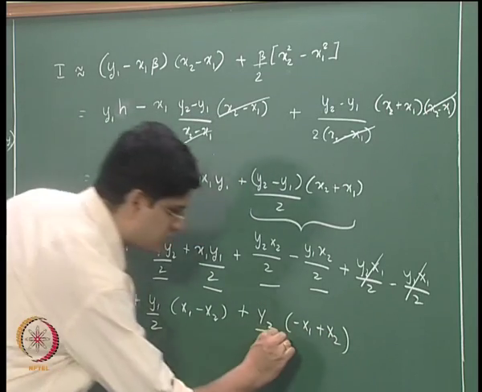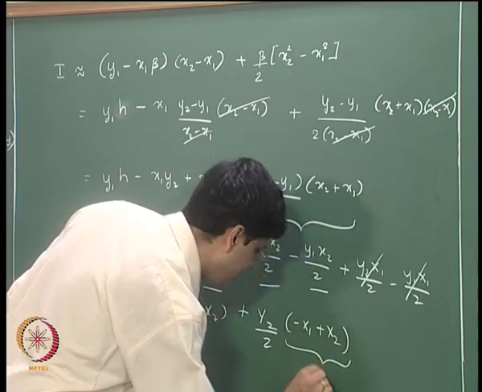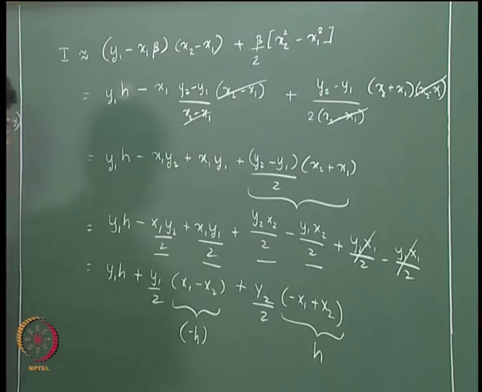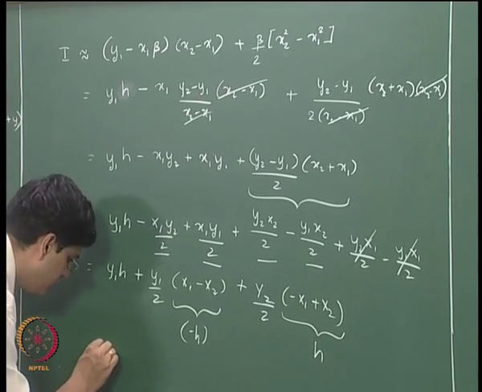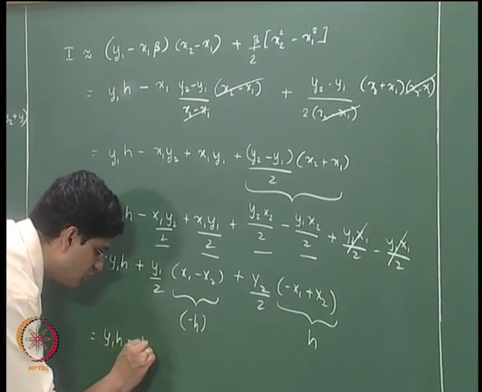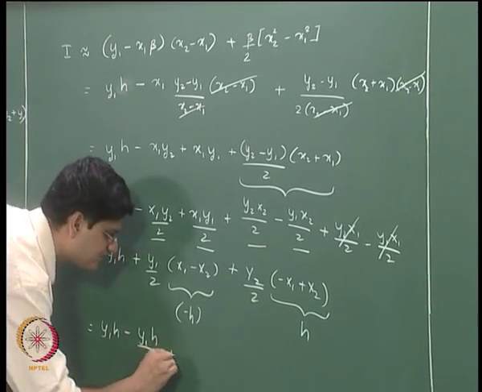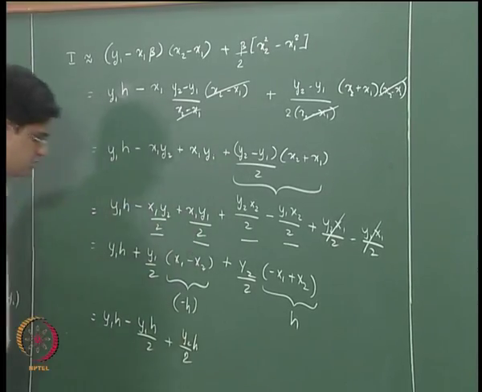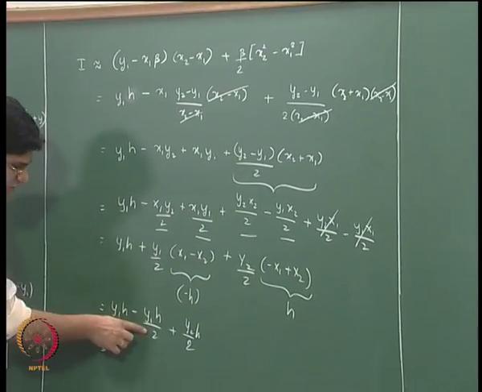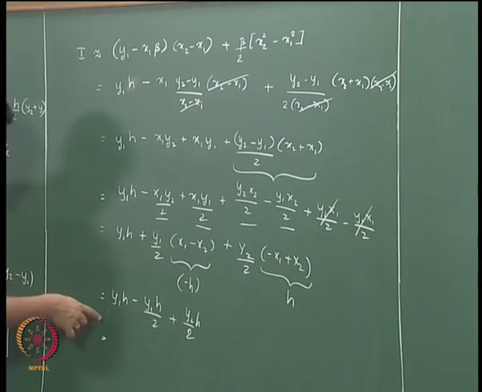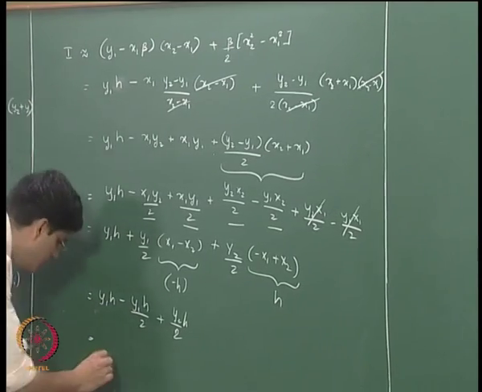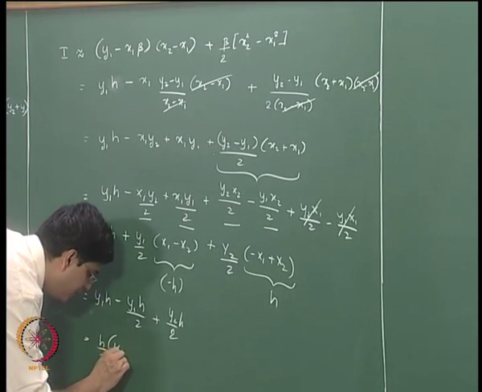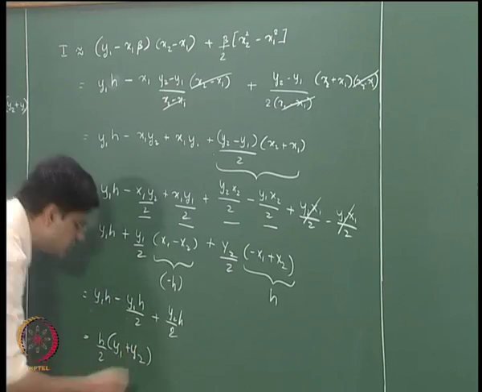Minus x1 plus x2 is nothing but h, and x1 minus x2 is nothing but minus h. So we have y1h minus y1h by 2 plus y2 by 2 multiplied by h. This will get cancelled and this becomes y1h by 2, so we will be able to write this as h by 2 multiplied by (y1 plus y2).